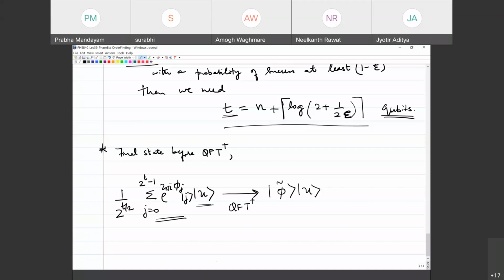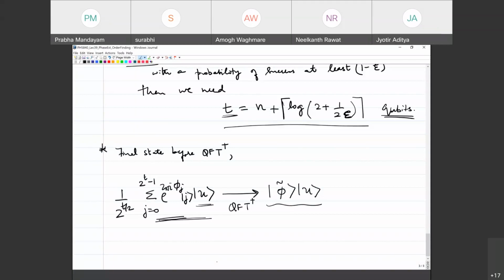What this probability basically says is that you do the inverse Fourier transform on this state, right? The actual final state that you have with the t qubits. And then you can expand this state after the inverse Fourier transform into a superposition of states around the actual state that you want.